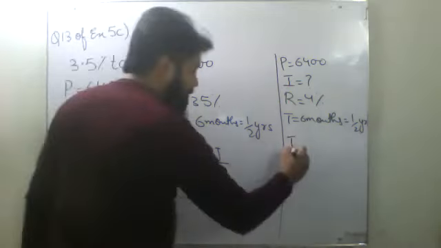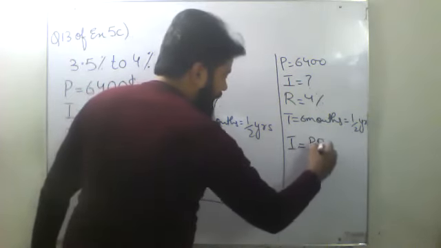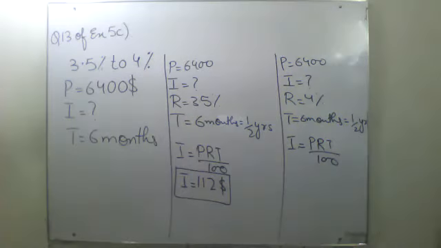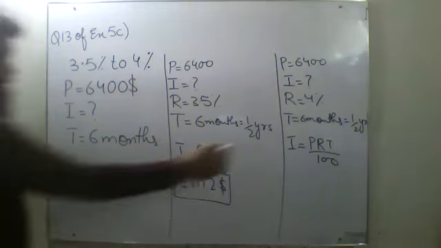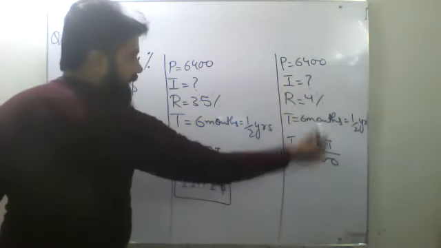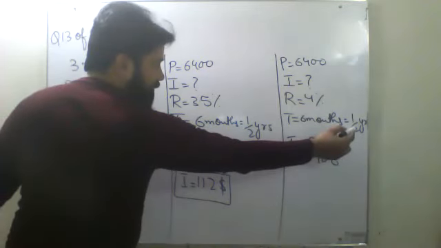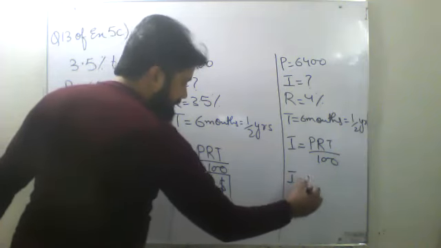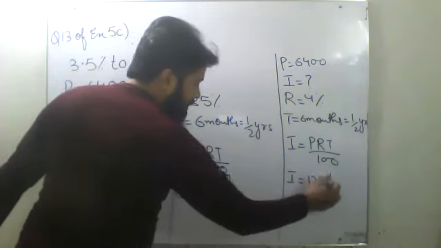I equals to PRT over 100. Right? Now what will happen? P will be 6,400, R will be 4, T will be 1/200. When I simplify it, the answer is coming $128.